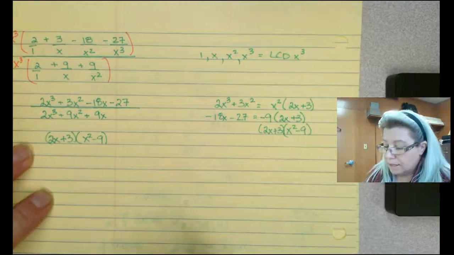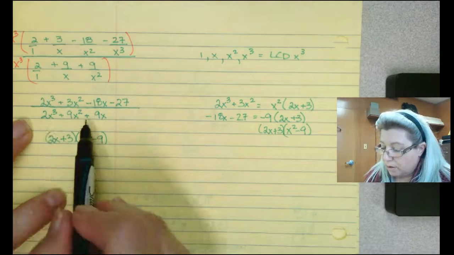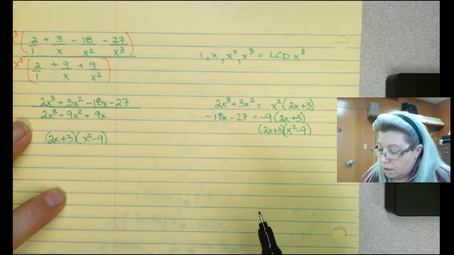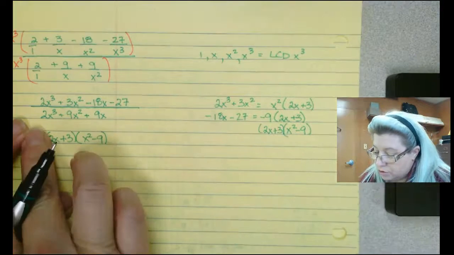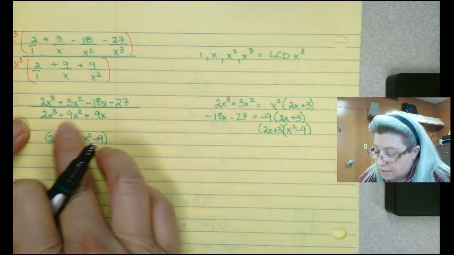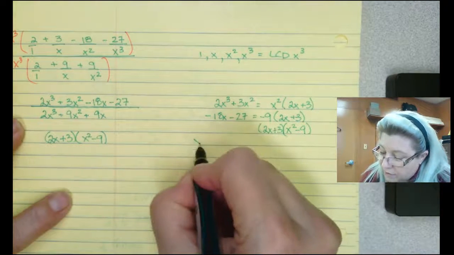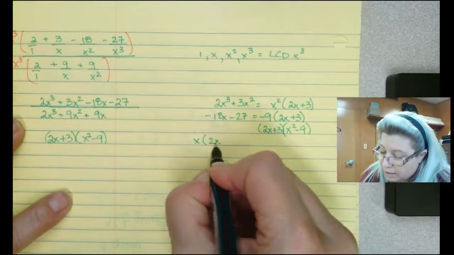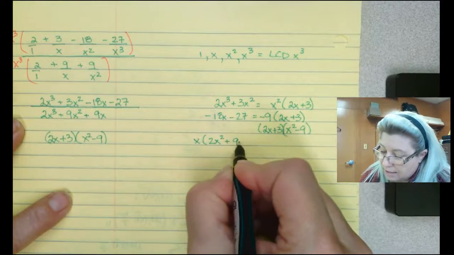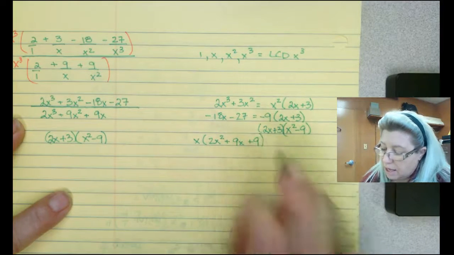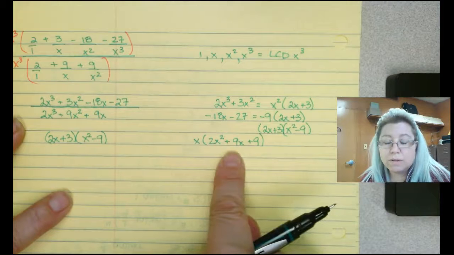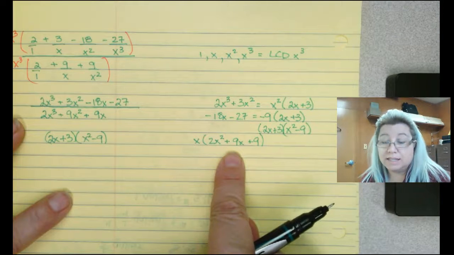Okay. Let's factor the bottom. 2x cubed plus 9x squared plus 9x. Well, I definitely can factor out an x: 2x squared plus 9x plus 9. I want to see if the 2x squared plus 9x plus 9 is factorable.